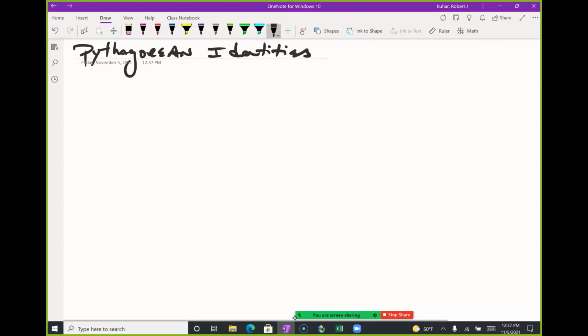So the one I want to memorize is sine squared of theta plus cos squared of theta equals 1. And this one is obvious.